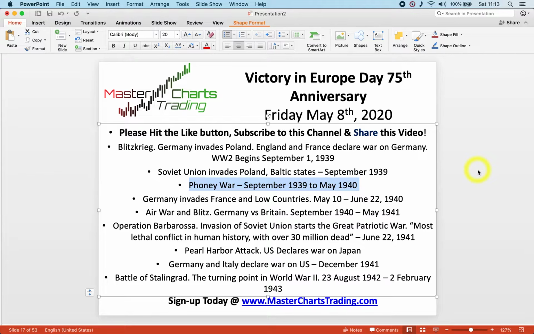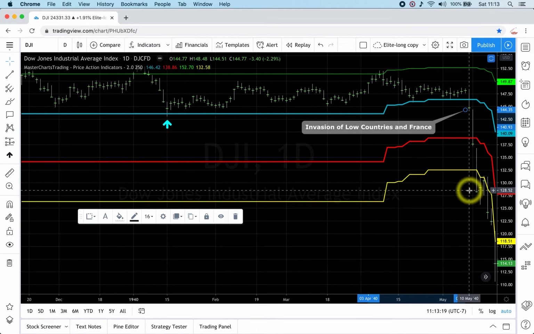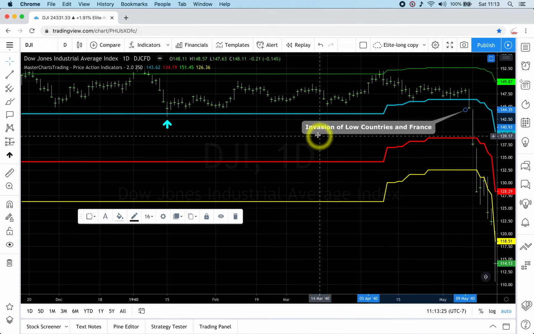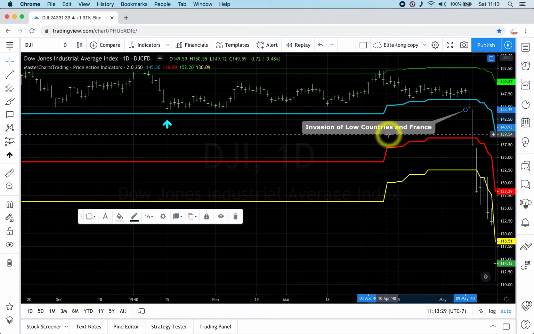Even though they were technically at war at the time, there was some limited action until May 10th, 1940, and this is actually very visible on the stock market chart. There is May 10, 1940, invasion of Low Countries and France by Germany.